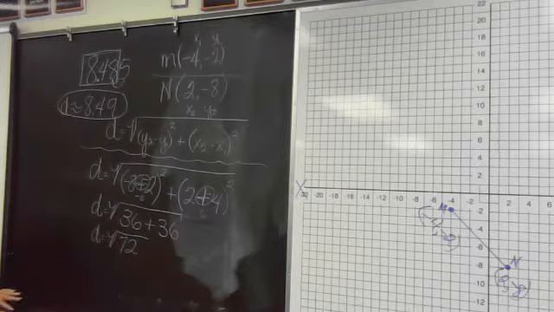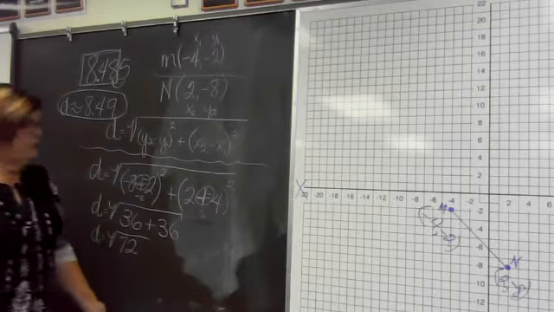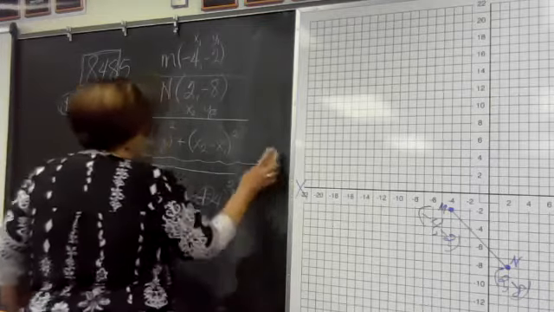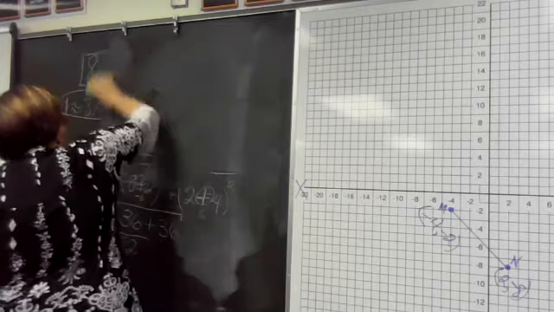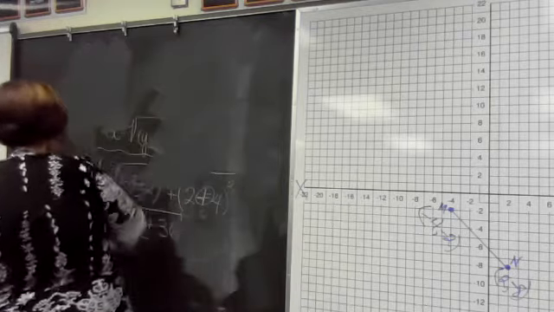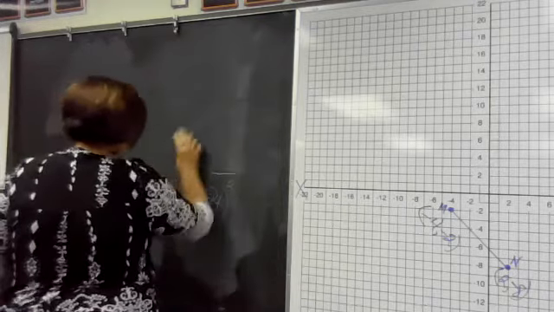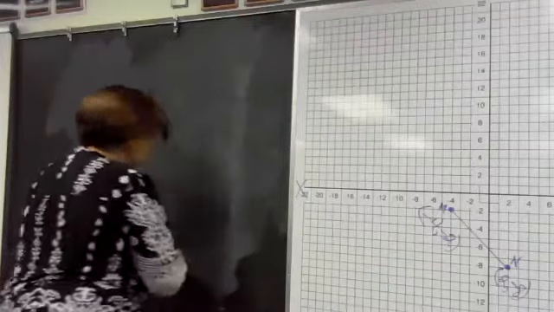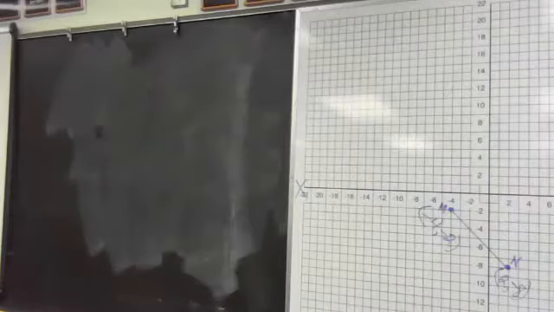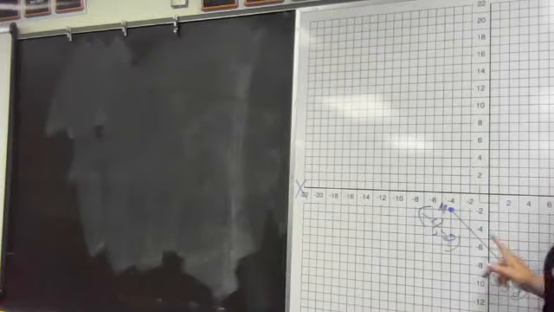Now, I'm going to use this same line segment to show you the midpoint formula. And you will be happy to know that the midpoint formula is much, much easier than the distance formula. And the distance formula isn't bad. What they're wanting you to tell them is to find out the exact middle.